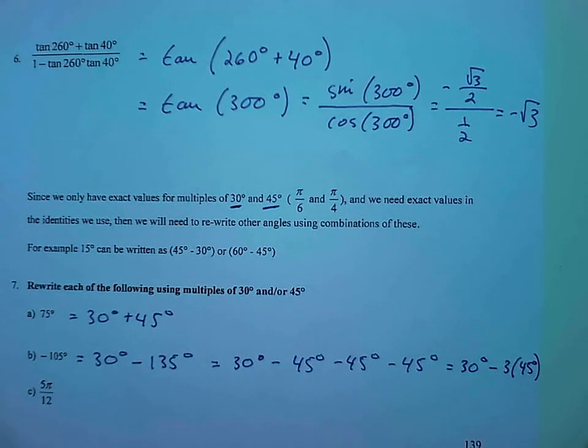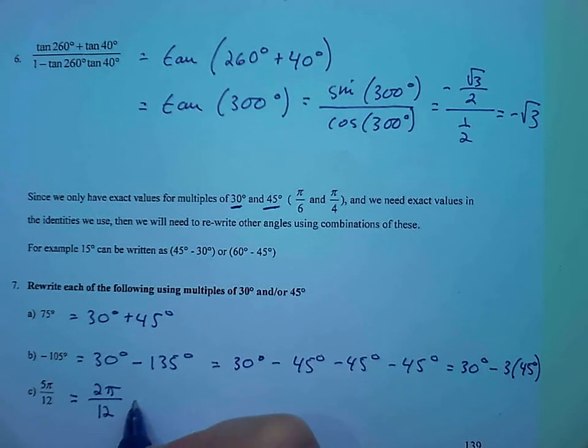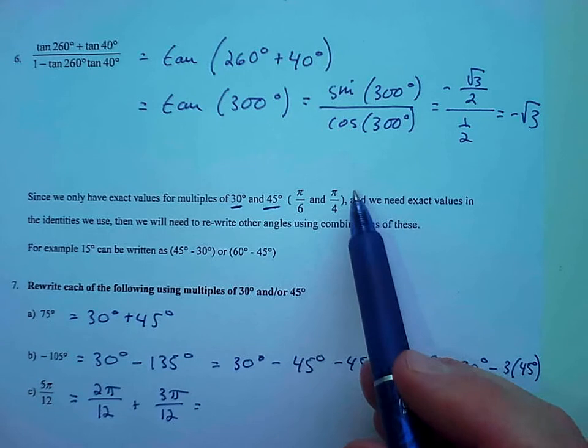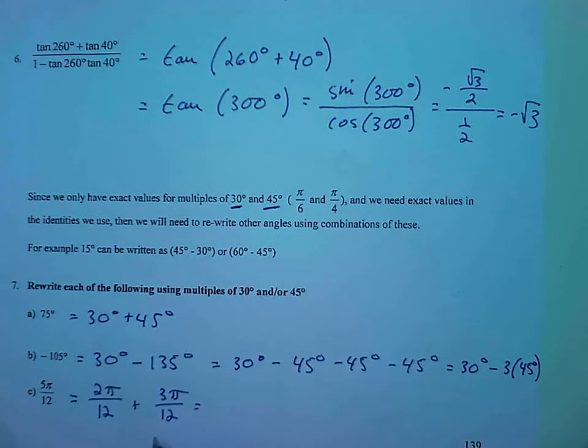Then for C, we have 5 pi over 12, which we can then break apart to 2 pi over 12 plus 3 pi over 12. And again, try to remember, we're trying to get this to either pi over 6 or pi over 4. So therefore, 2 pi over 12 is just the same thing as pi over 6. And 3 pi over 12 is just the same thing as pi over 4.